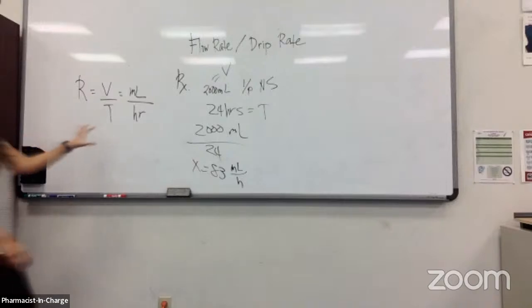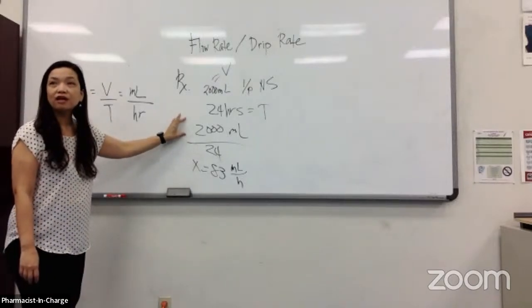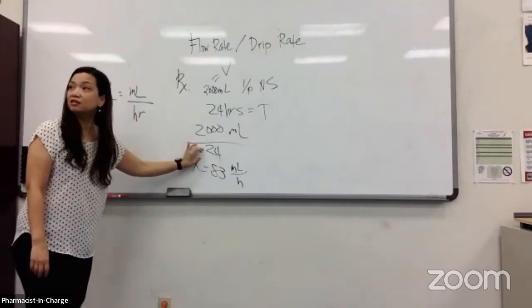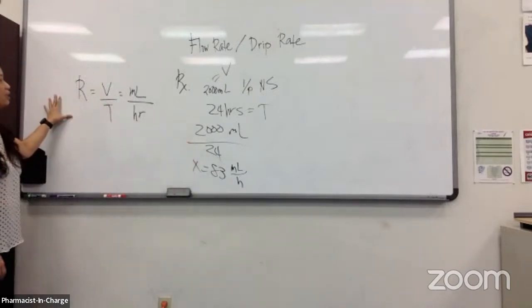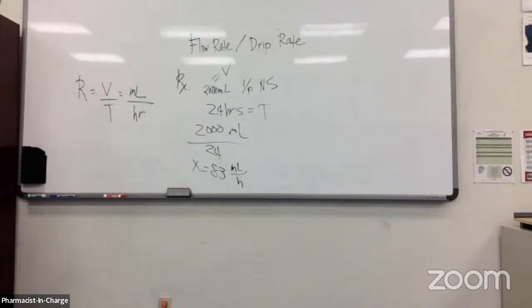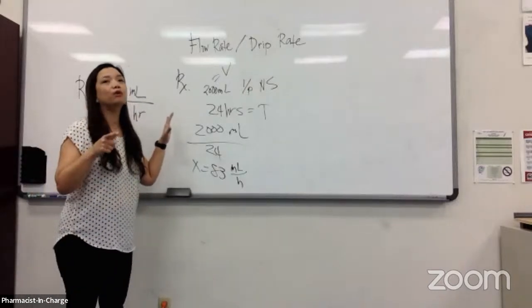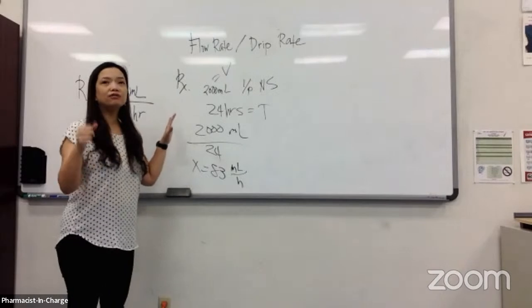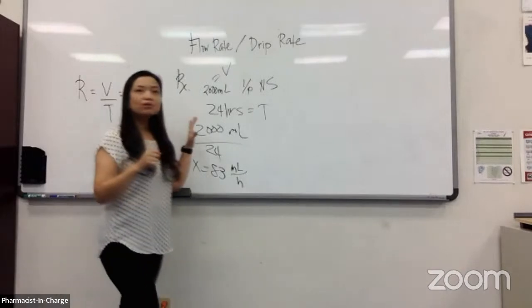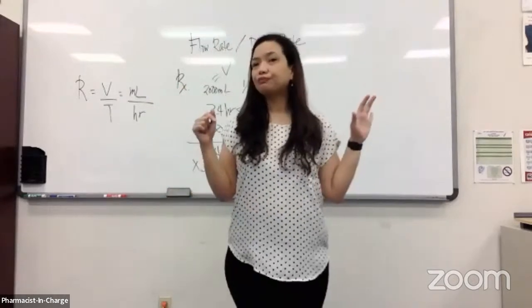The only thing you need to do different here is if this is given in liters, right? And if this is given in minutes. Because flow rate should always be ml per hour. That's the only extra step you need to do for this calculation. It's straightforward. R equals V over T. But your V must always be in ml and your T must always be in hour.